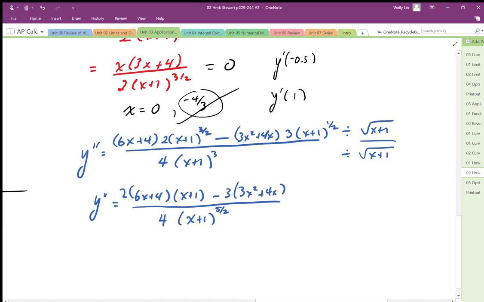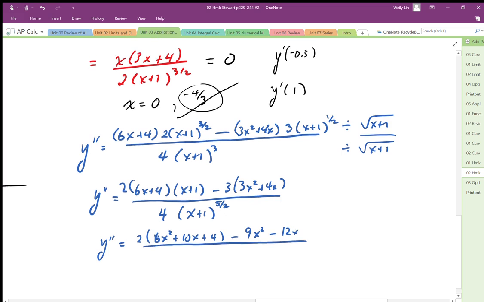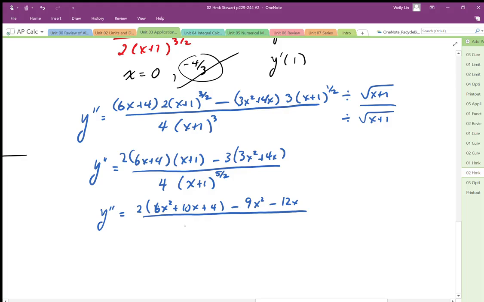Okay, now I have a polynomial in the numerator. I'm going to expand this out. So 6x squared plus 6x, 4x, or 10x plus 4 minus 9x squared minus 12x. And that's going to be all over 4 times x plus 1 to the 5 over 2.